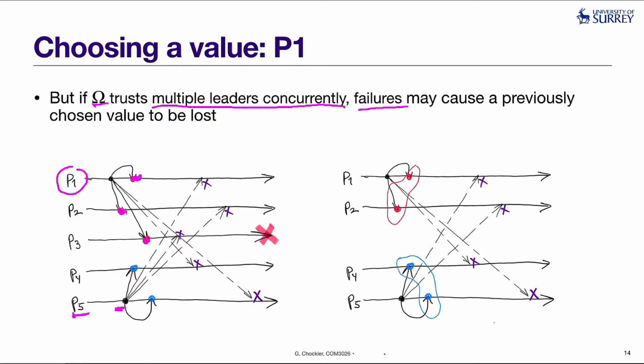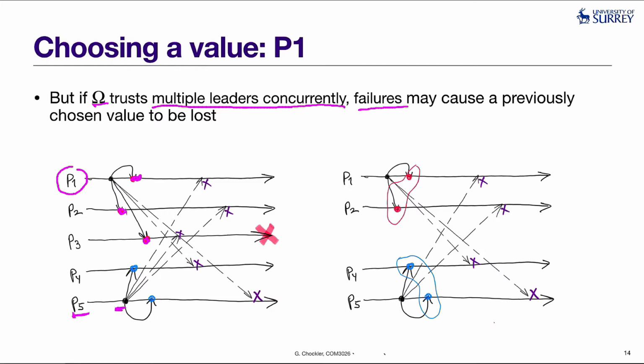Okay, so they're not going to be accepted. So now we have three processes in the system, which is a quorum, which chose the red value, the value proposed by P1, and two processes in the system that accepted the blue value, so the value proposed by P5. So the blue value is not chosen, the red value is chosen.